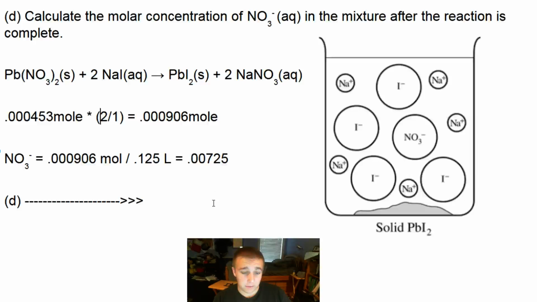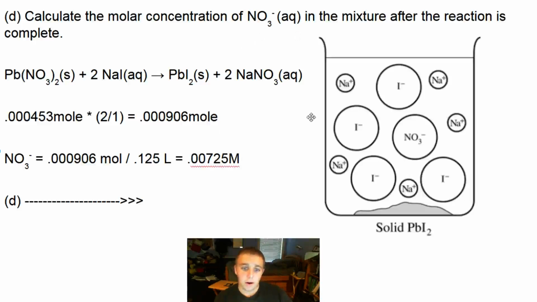So I multiply by 2 to get 9.06 times 10 to the negative 4th mole. Then we divide the moles by the liters to get the molarity.